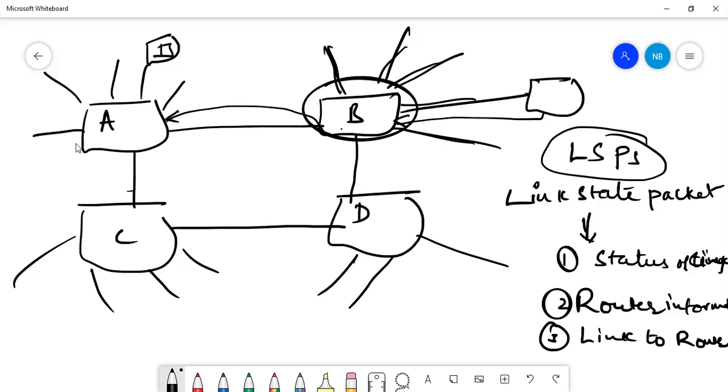So LSP is one kind of packet that is sent from B to A, because A is a neighbor and B is the source.